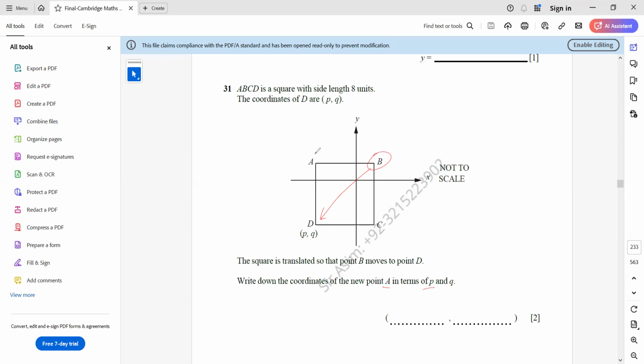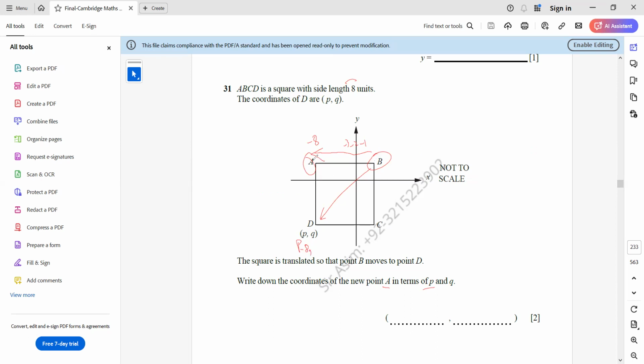For the point A, the length is 8 units. That means it has moved to the left 8 units. So minus 1, minus 2, minus 3 up till minus 8. So its x coordinate would be P minus 8. But what about Q?